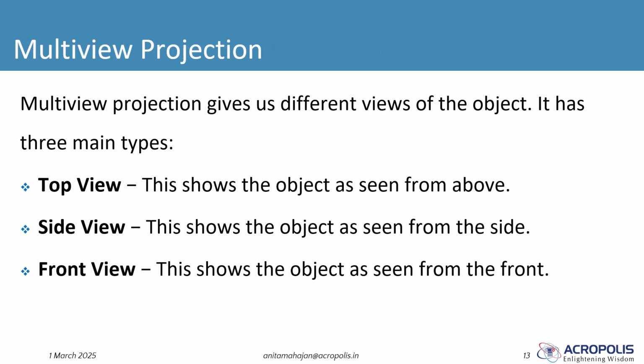Multi-view projection gives us different views of the object. It has three main types: top view, side view, and front view. Top view shows the object as seen from above. Side view shows the object as seen from the side, and front view shows the object as seen from the front.